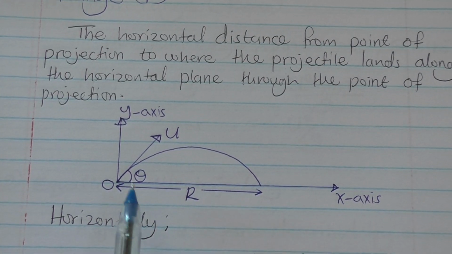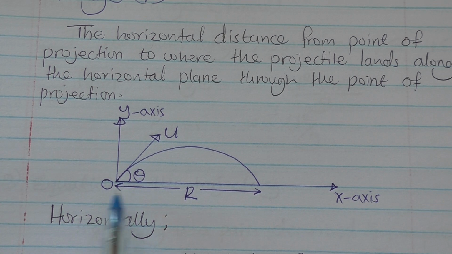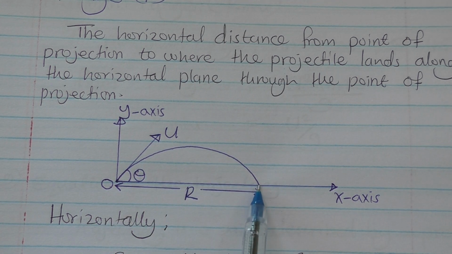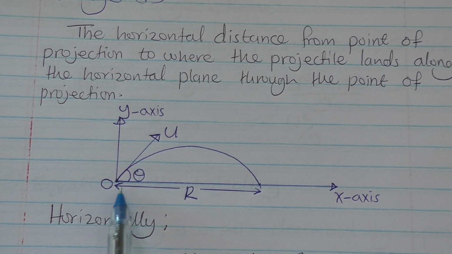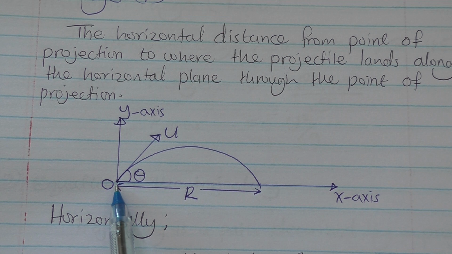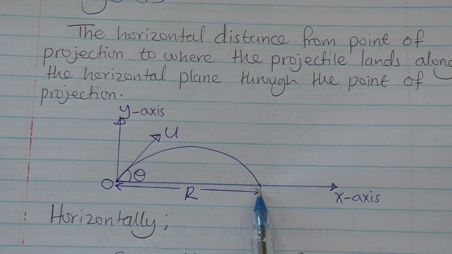So this is the illustration. Assuming it was projected from point O, it will move and land at a certain point. The horizontal distance between the point of projection and where it lands is what we are calling range.